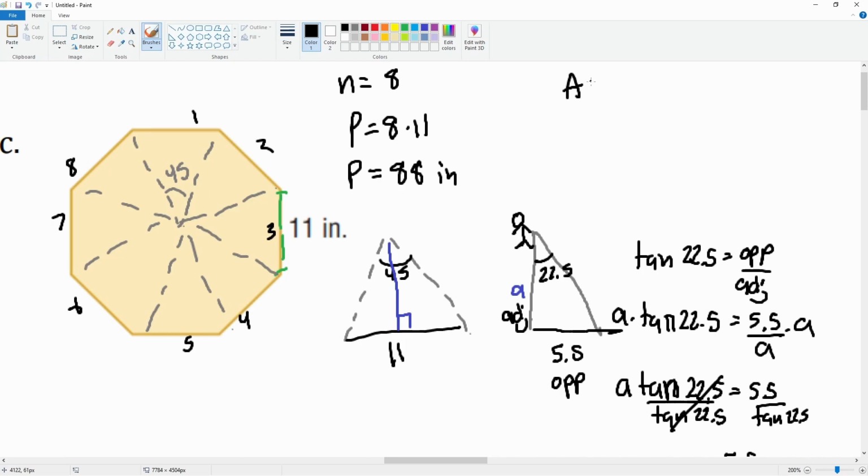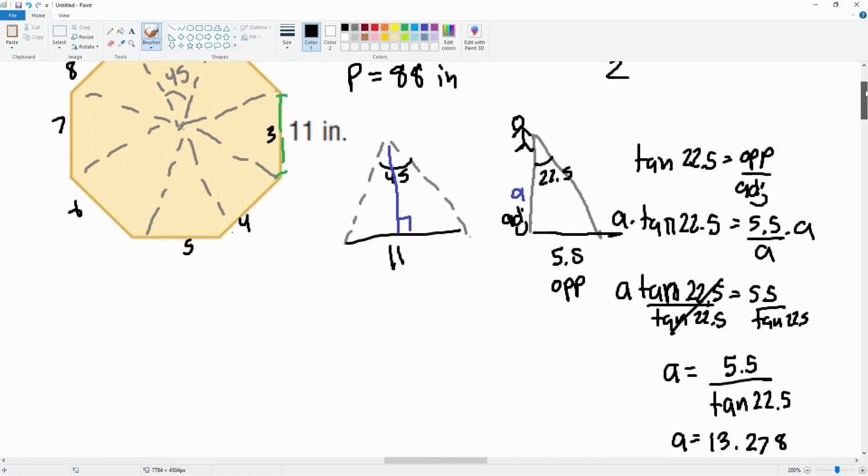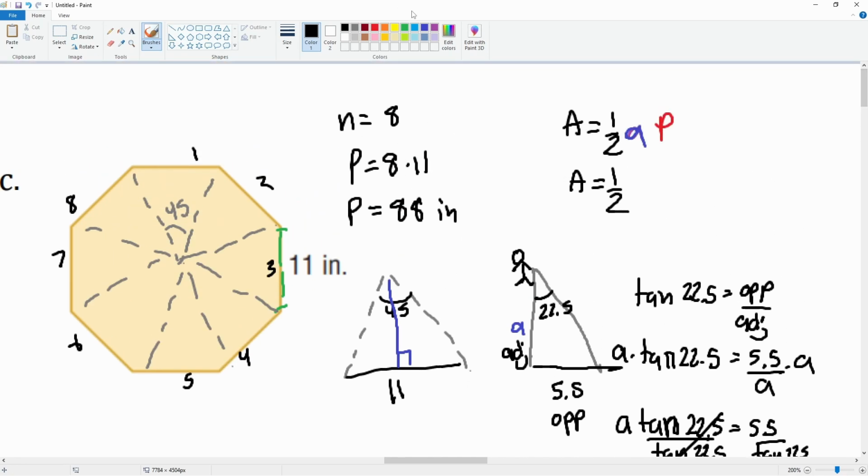The area is equal to 1/2 the apothem times the perimeter. So I have 1/2 the apothem that I figured out was 13.278. Then the perimeter was 88.